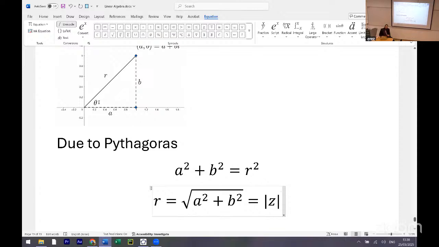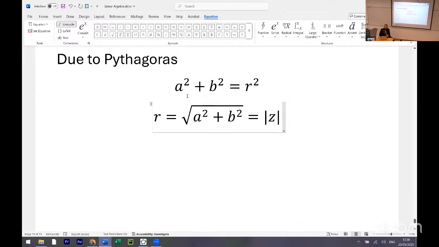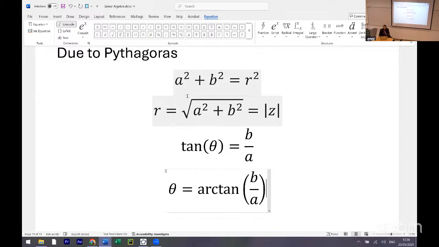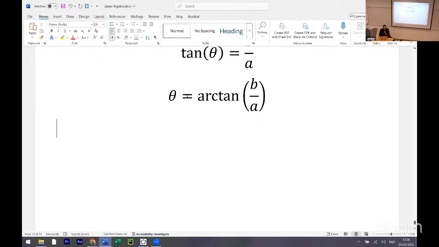How can you find theta straight from a and b without calculating the r first? The tangent, exactly. So the tangent of the angle is the opposite over the adjacent. Agreed? So theta is supposedly the arctan, the inverse function of tan, of b over a. Supposedly.